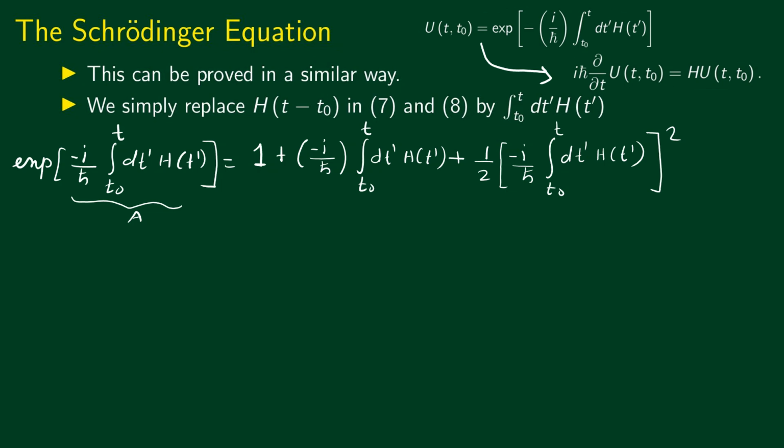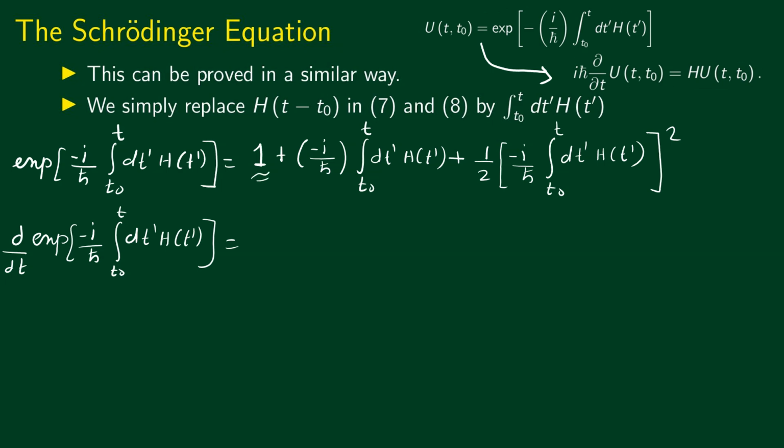Let me write the partial time derivative of exponential of minus i divided by ħ, integral t0 to t dt' H(t'). The derivative of the first term is 0.